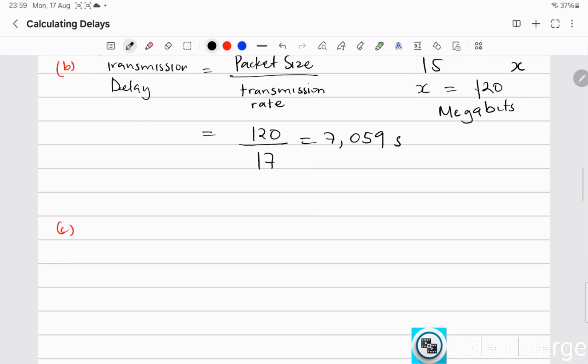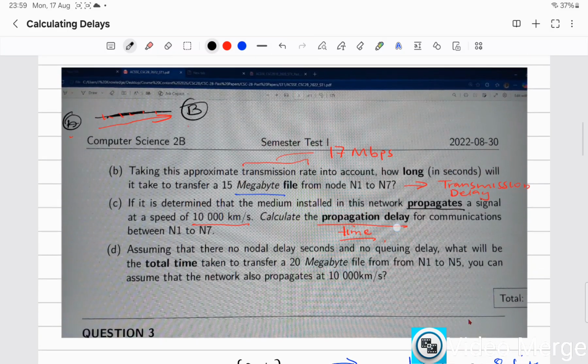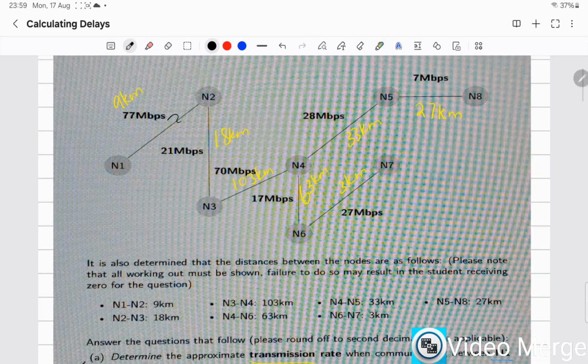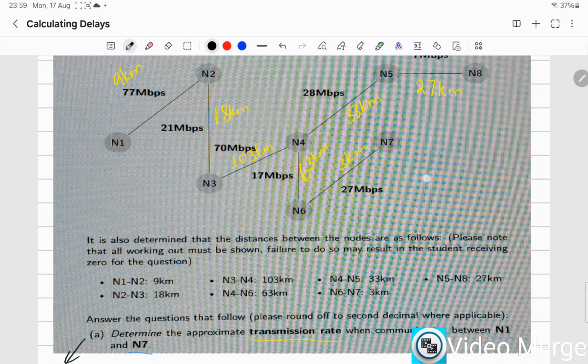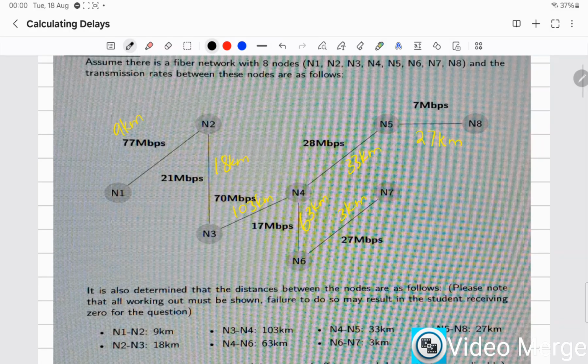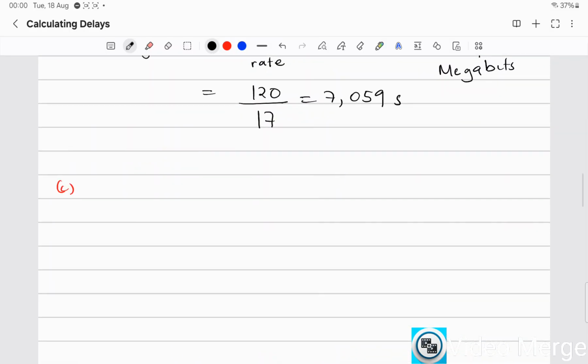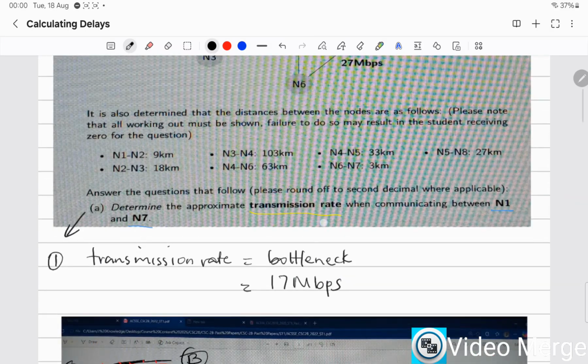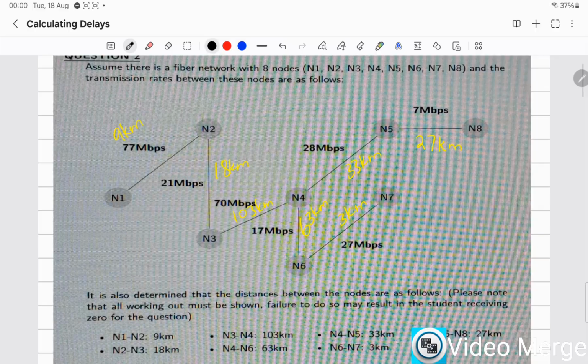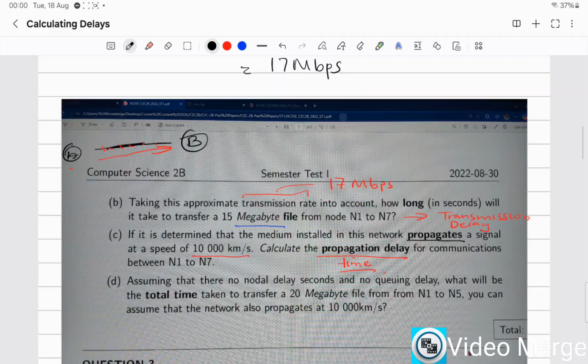When it comes to propagation delay, what you need to keep in mind is the total distance, because propagation explains the effort taken to move the packets from all these points until N7. So we need the distances across here. For total distance, we're going to have 9 from N1 to N2.